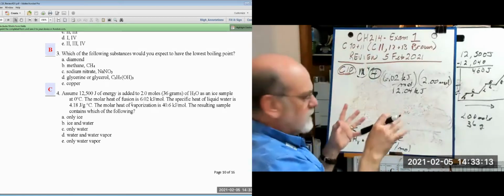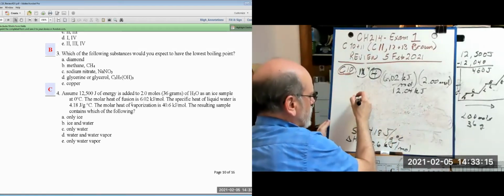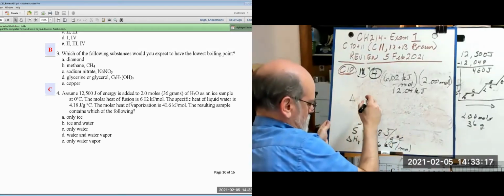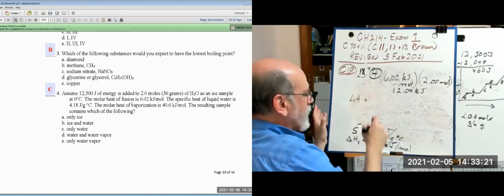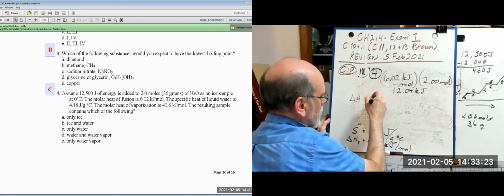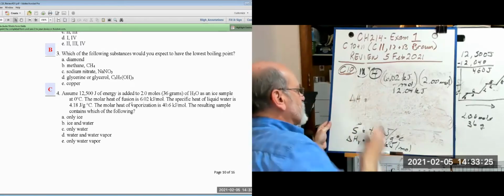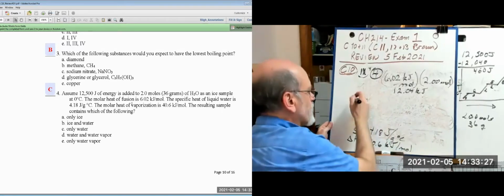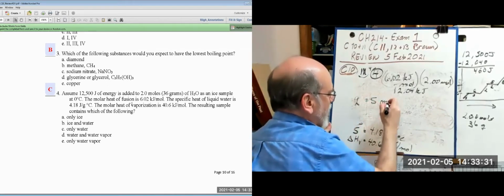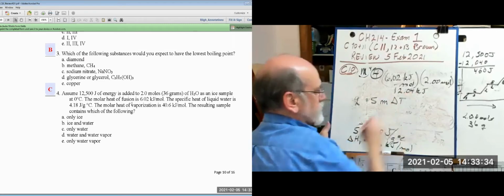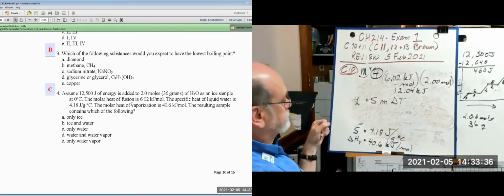So what's the formula? The heat required is, actually, it's expressed this way. Usually it's written as Q. Q equals S mass change in temperature, right?